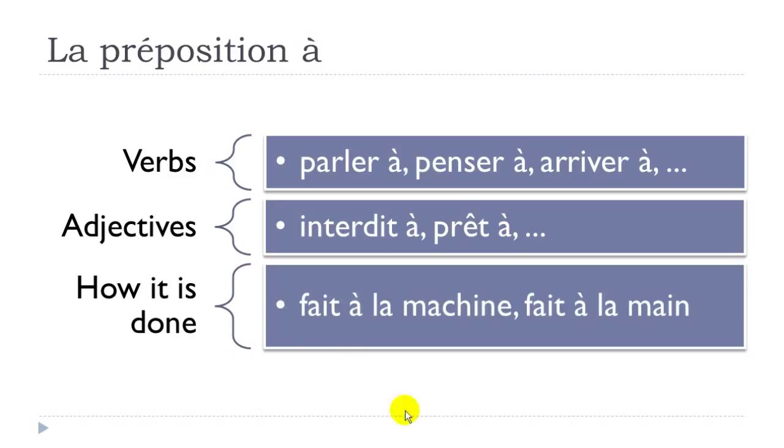For instance, when you want to say that it's been machine done or handmade, you use this fait. So faire is to do, but then in that case it would be done: fait à la machine, fait à la main.